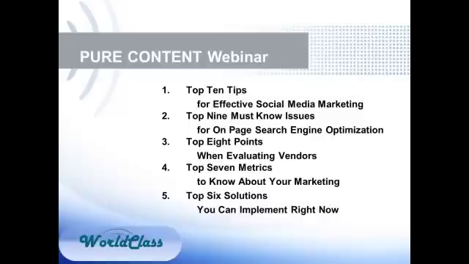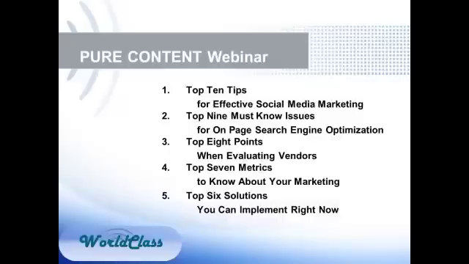We're going to be covering a variety of things listed in this agenda, first of which is the top 10 tips for effective social media marketing. These are going to be examples of specific things that you'll be able to do to immediately impact your social media presence. Now, the other things that we're going to be covering include the top 9 must-know issues for on-page search engine optimization.